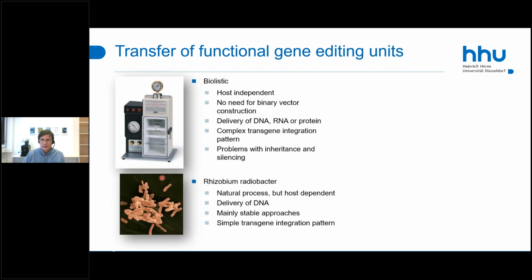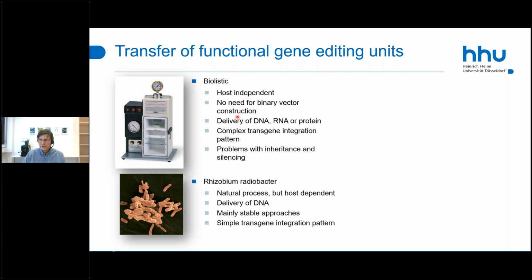And then, of course, you also need to transfer those functional units. And for this, usually we have 2 platforms. On one hand, it's biolistic gene transfer, and on the other hand, it's Rhizobium radiobacter, usually known as Agrobacterium tumefaciens. So the biolistics, which is becoming more and more important again, has the advantage that it's more or less host independent. You do not need binary vectors, which make cloning a bit more complicated.